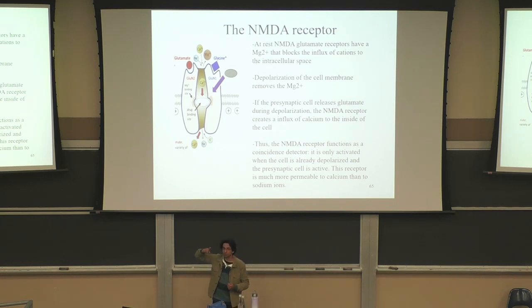And the magnesium is positive because it's magnesium 2+. So when the cell is depolarized, so there's a lot of positivity inside the cell, that positivity repels the magnesium clog and the magnesium goes out, and then the pore is free to conduct the ions. So for this receptor to be activated, you need a coincidence of two things to happen. Glutamate has to be released and bind the receptor, and the cell has to be depolarized.